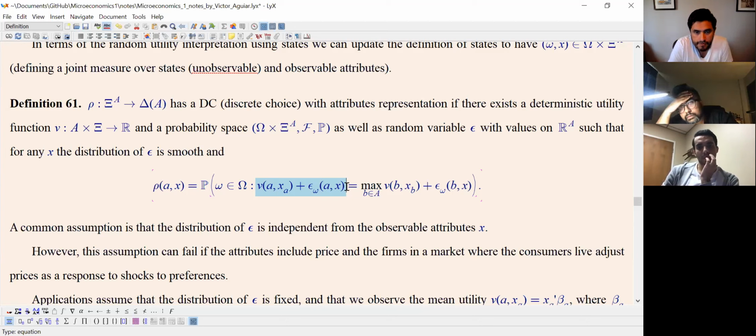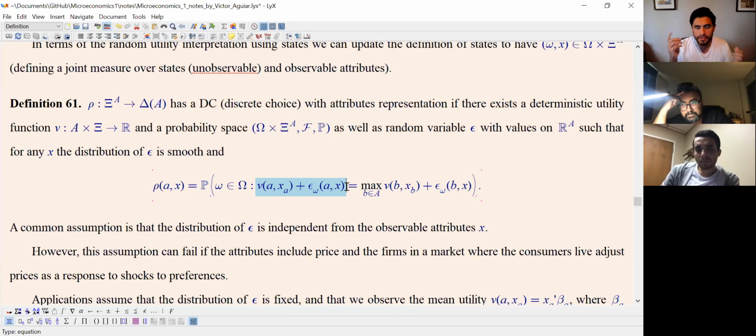And here the random utility function is linear. We are assuming linear utility. This is interesting: it turns out that this representation is super general, because epsilon can be anything at this stage. In particular, this is called additive random utility, because we're assuming this separability of an observable attributes utility and the unobservable attributes utility.